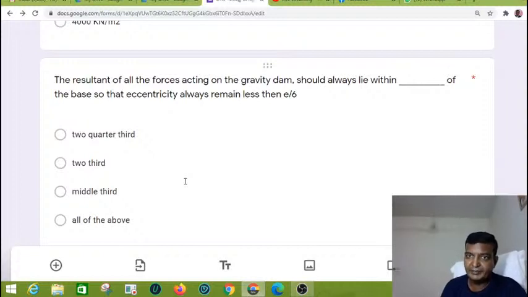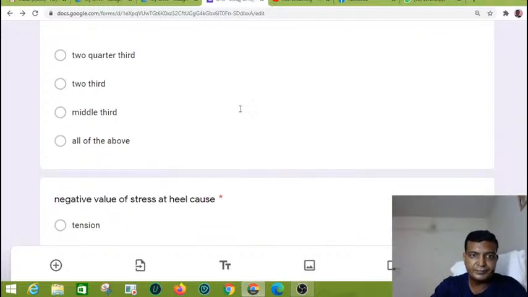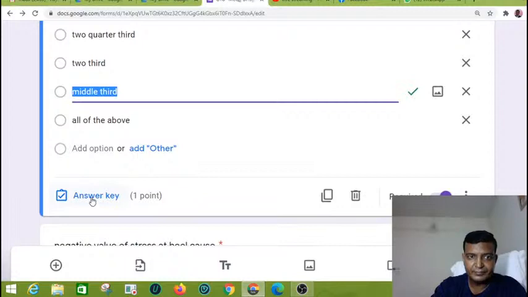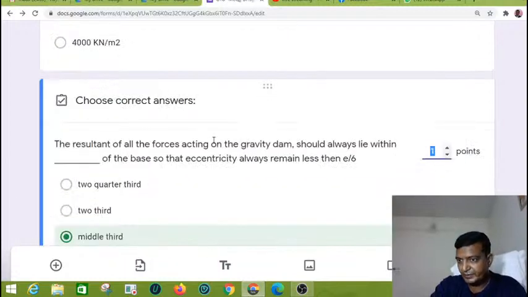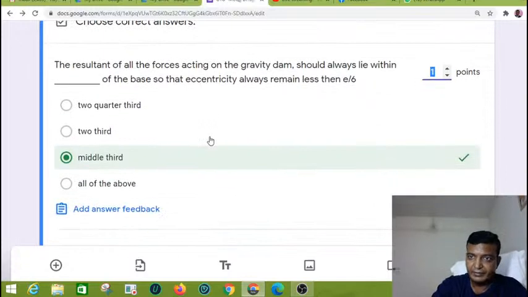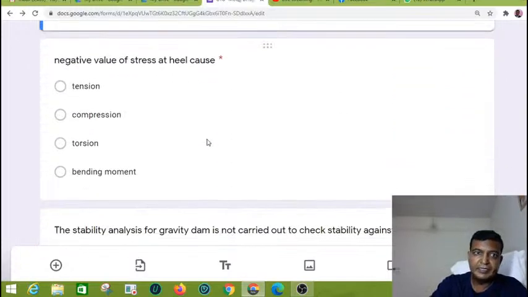The resultant of all the forces acting on the gravity dam, what would be your answer? Middle third. The answer key is middle third. Okay.